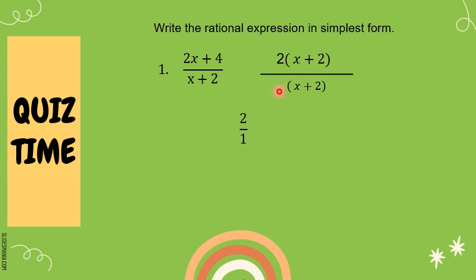Because we have the 1 in the denominator, then multiply by the common factors, which is x plus 2. Then let's do step 3: 2 over 1 times 1. Let's multiply, we have 2 over 1. Let's make it simplest form. The final answer here is 2.